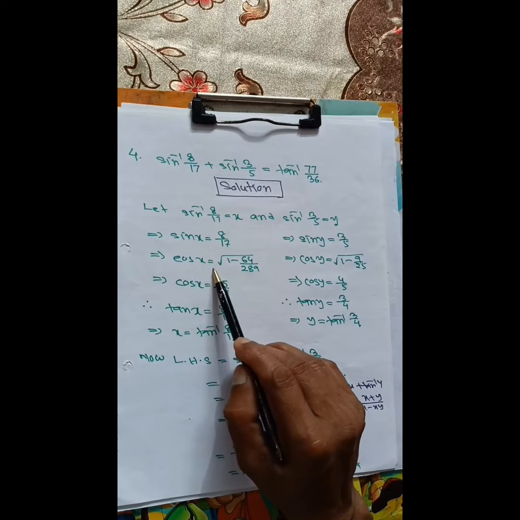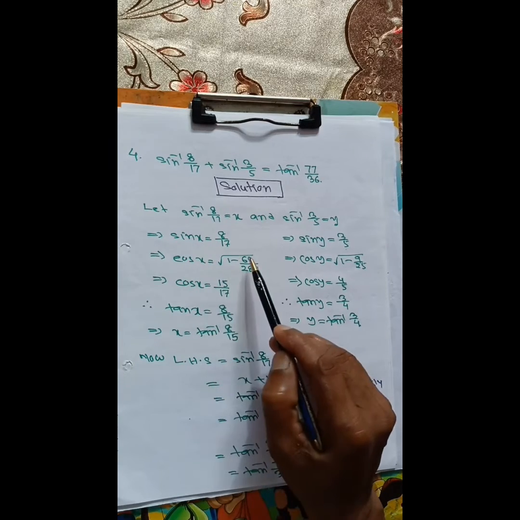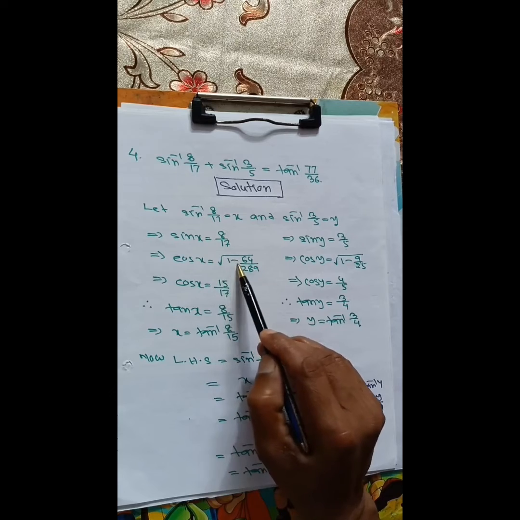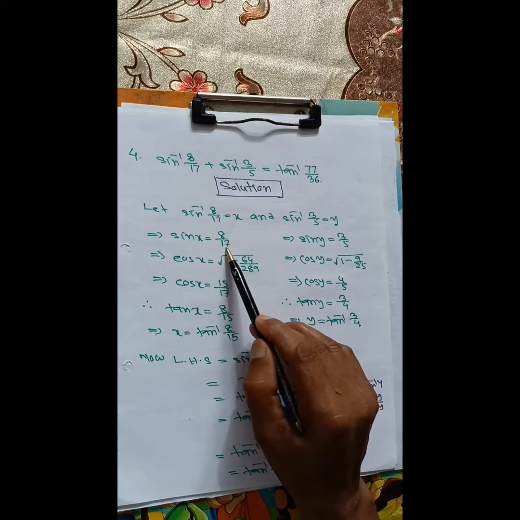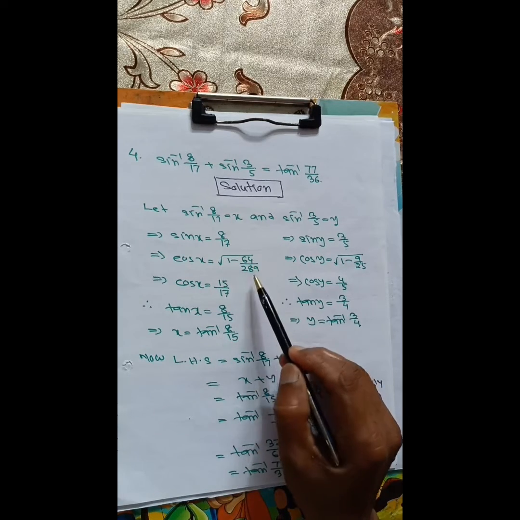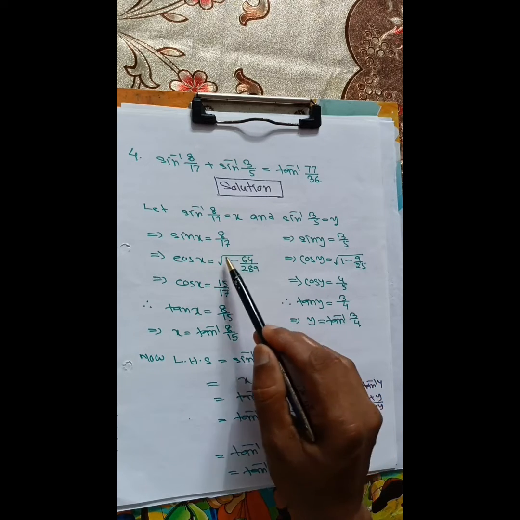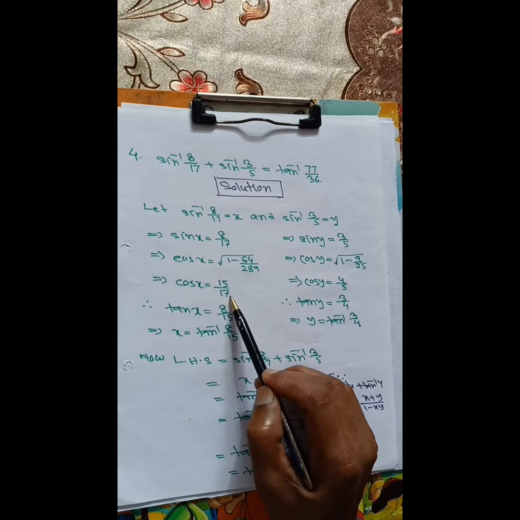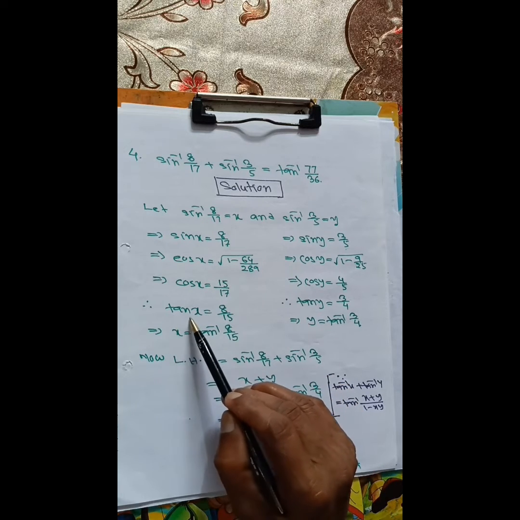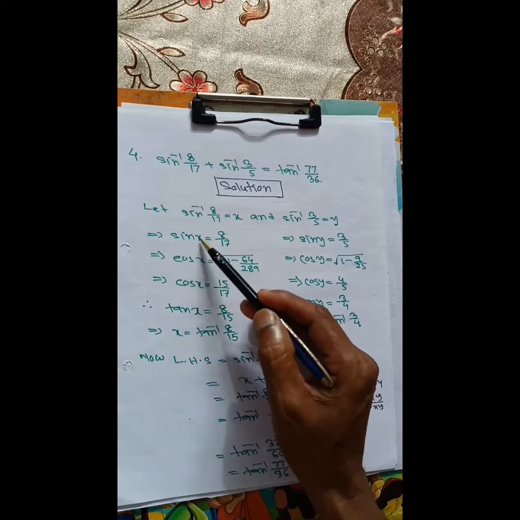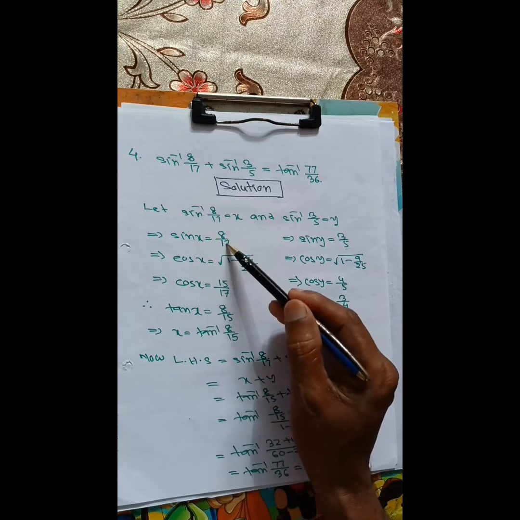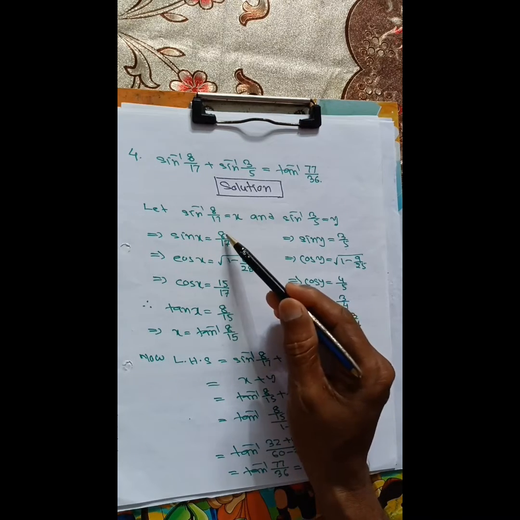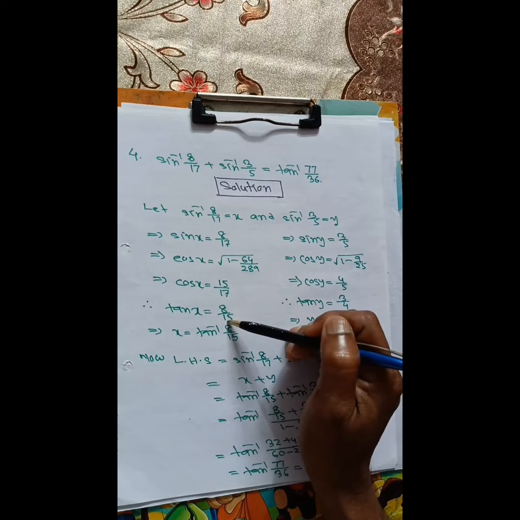Cos x is equal to what? We have to write in sin form, that is under root 1 minus (8/17) whole square, 64 by 289. After calculation, we get cos x is equal to 15/17. Since tan x is equal to sin x by cos x, 17 goes out, we get 8/15.